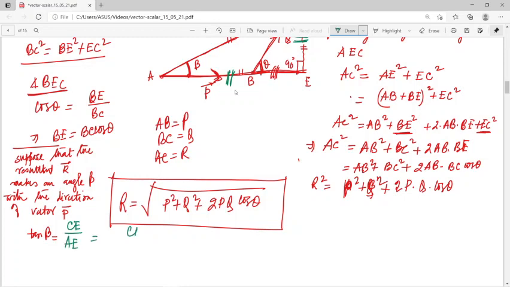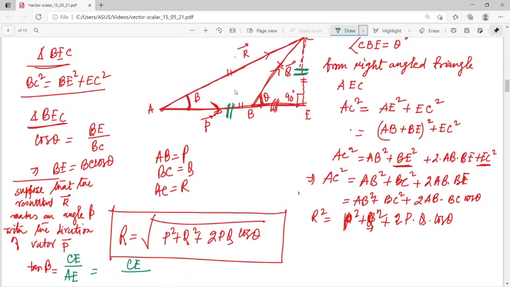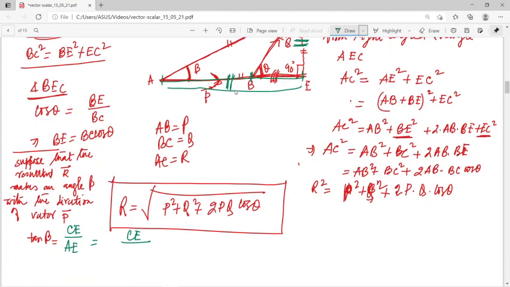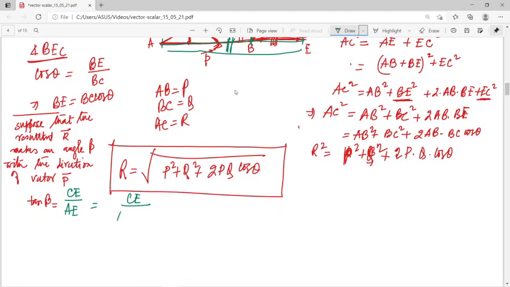AE is the total, so it can be broken into two parts, AB and BE. So AE can be written as AB plus BE, where AB is P, and you already found that BE is BC cos theta.